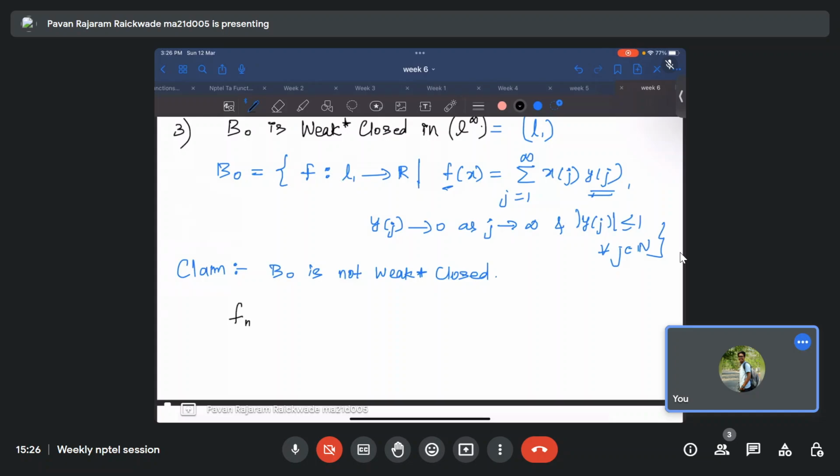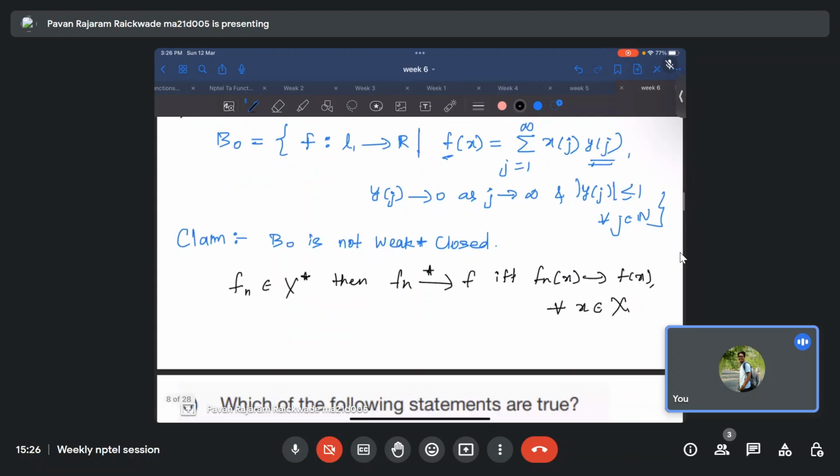Suppose Fn belongs to any vector space X star. Then Fn converges to F weak star, in the weak star topology, if and only if Fn at x goes to F at x for all x belonging to the space X. This is the definition of weak star convergence.